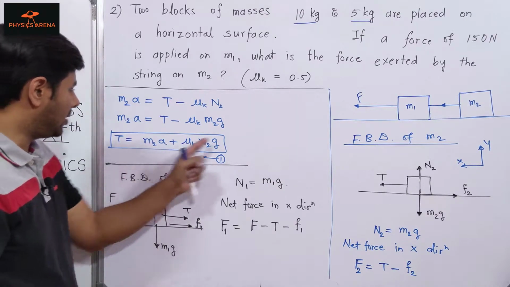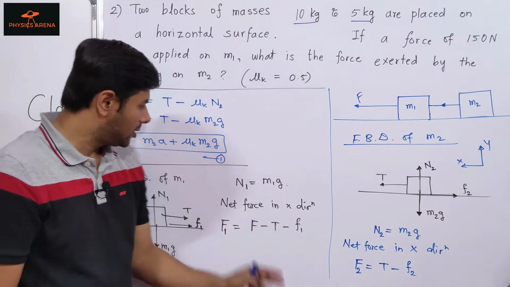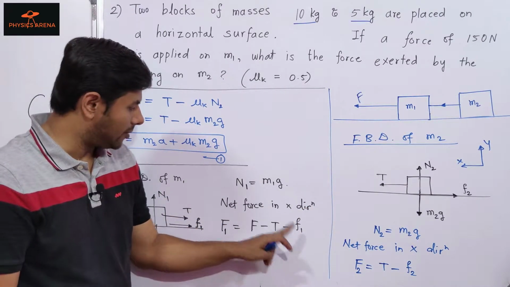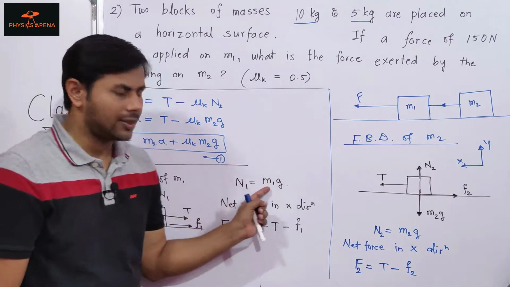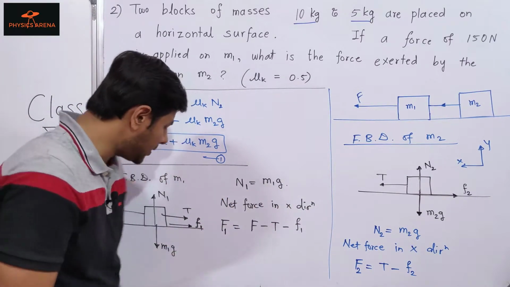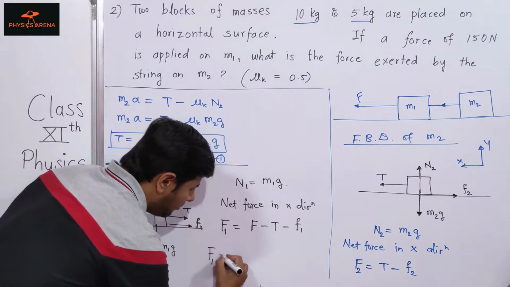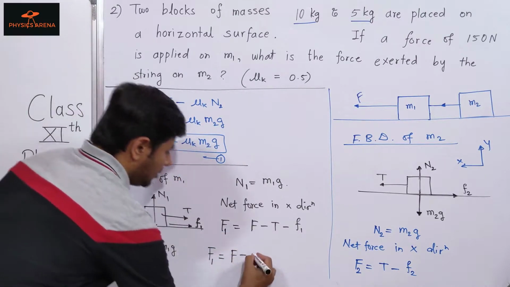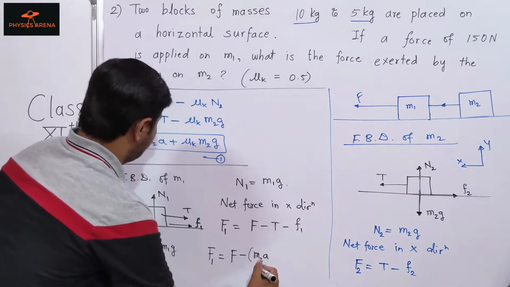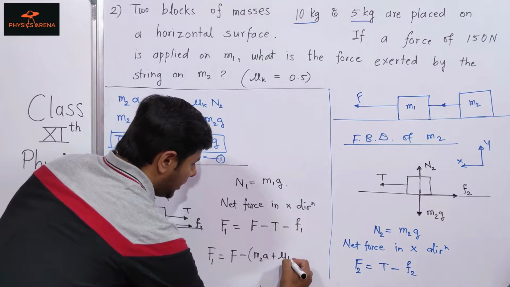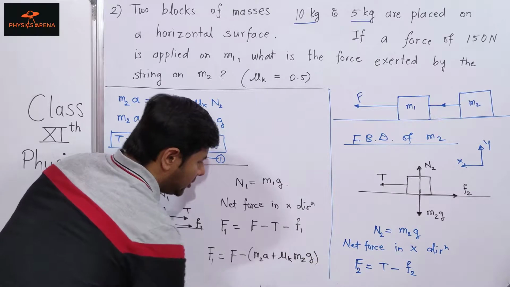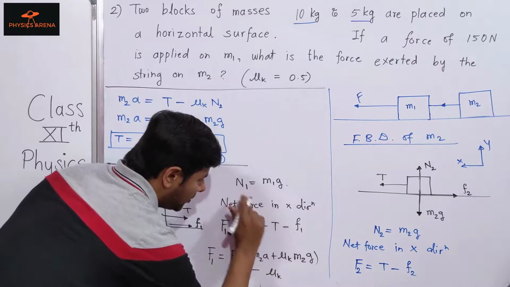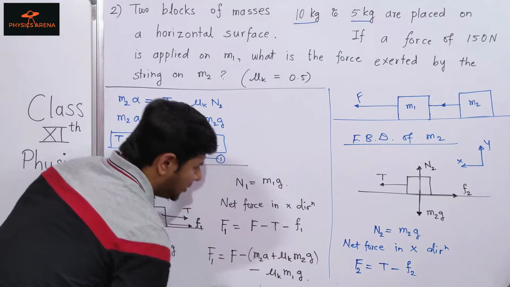Then we have found the tension in the string, the formula for it. So we can substitute it, and also the frictional force is mu k multiplied by the normal reaction, and the normal reaction is m1 times g. So we can substitute all that to get capital F1 equals the external force F minus m2 times A plus mu k multiplied by m2 into g minus mu k multiplied by this normal reaction, which is equal to m1 times g.